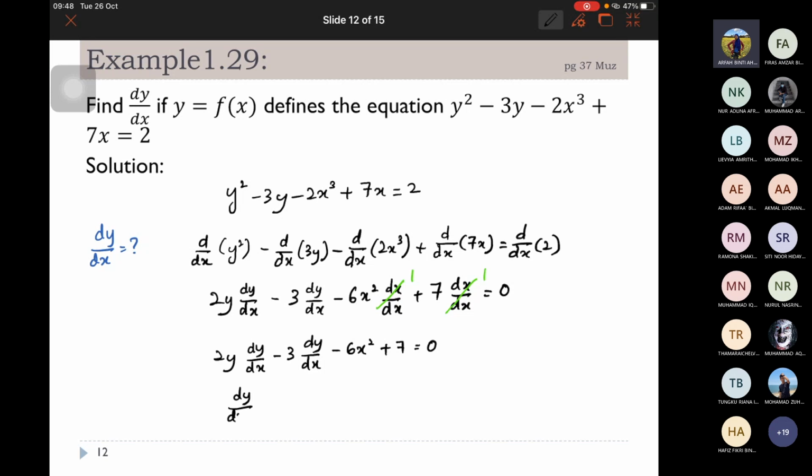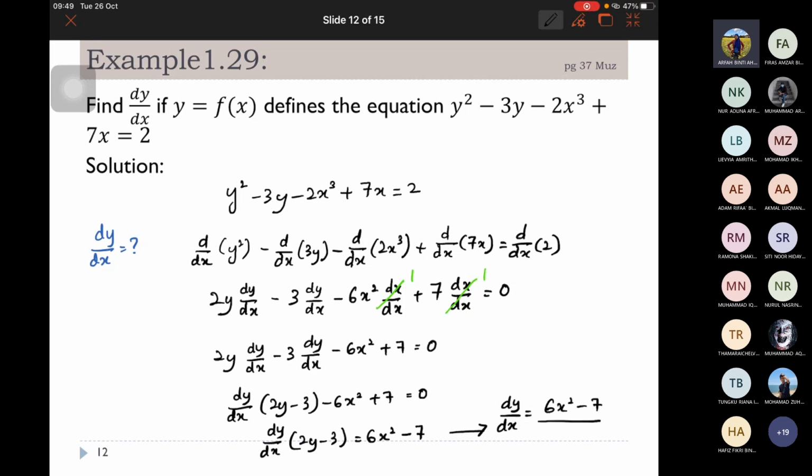So faktorkan: dy over dx (2y minus 3) sama dengan 6x squared tolak 7. So from here dy over dx sama dengan (6x squared tolak 7) over (2y tolak 3).